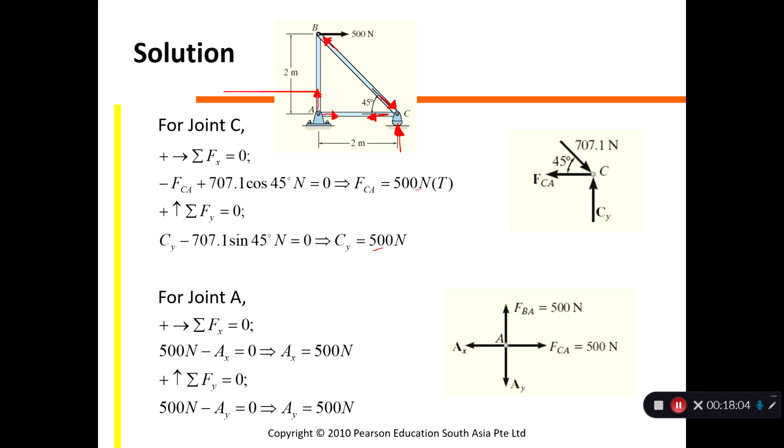Okay, this is from earlier, from the analysis of joint B. So therefore the support has to balance these two. So AY has to be downwards, AX has to be going to the left. Okay, just like as it's shown here. And then again you can pause and work out to calculate the two unknowns, AX and AY.